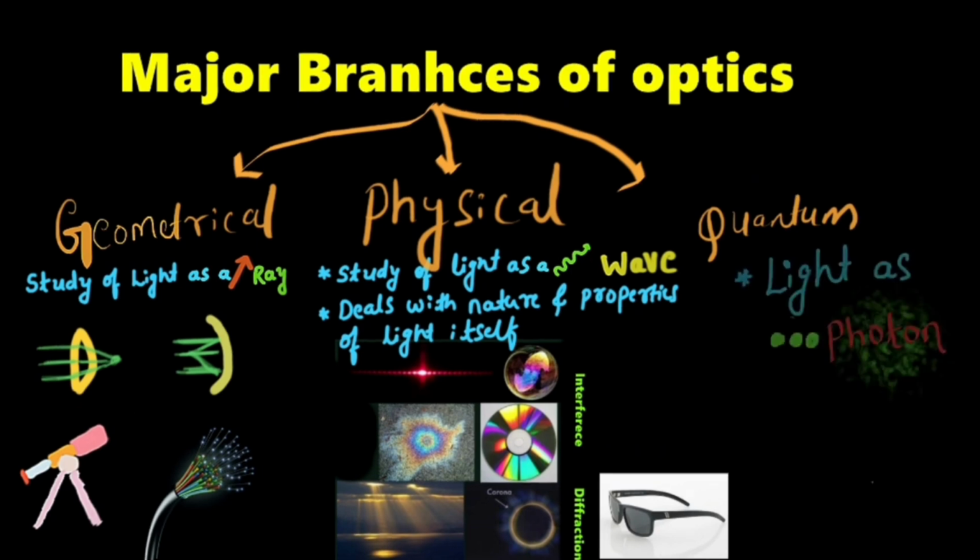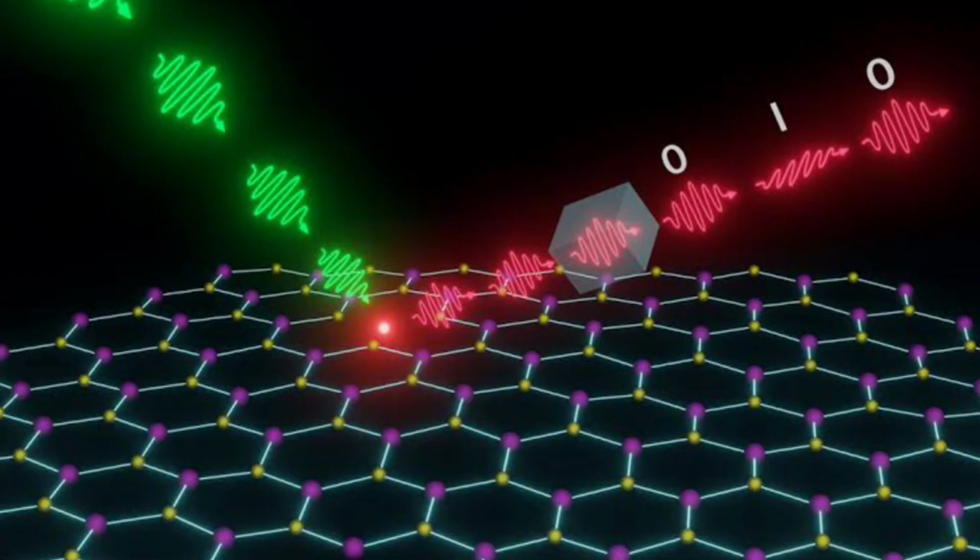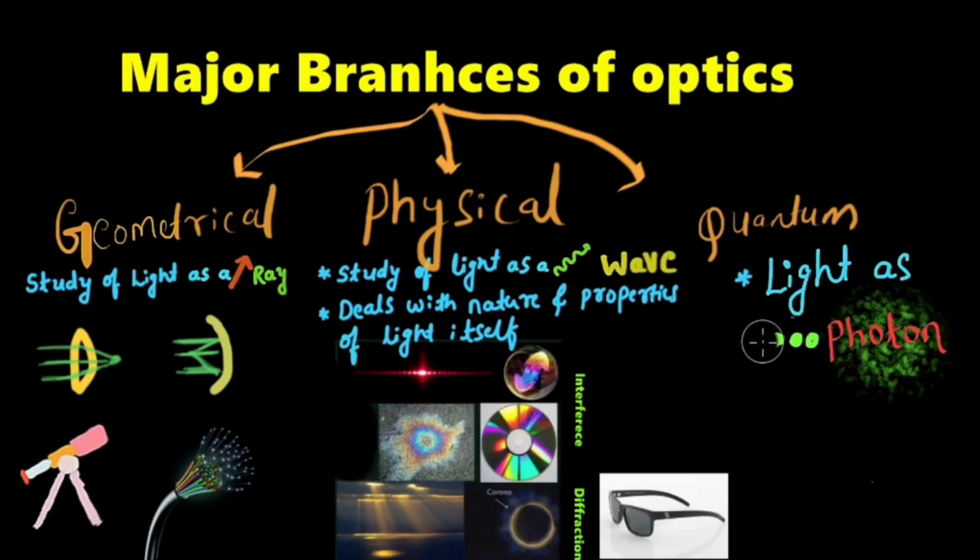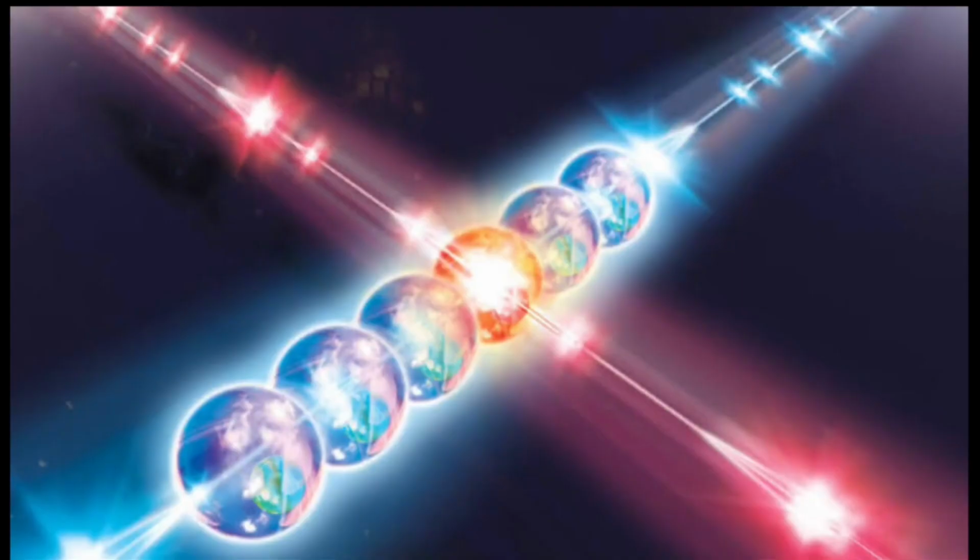Hagadre, next branch of optics is quantum optics. Here we will consider the light as a photon. That means the light moves in the form of particles and each particle is called a quanta. Each quanta carries a specific amount of energy called photons.